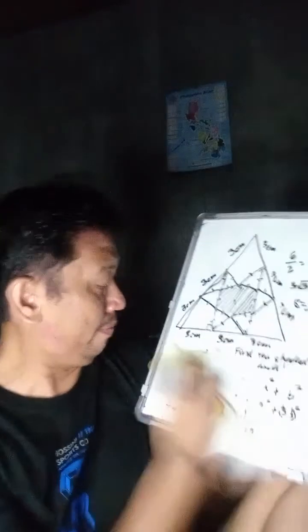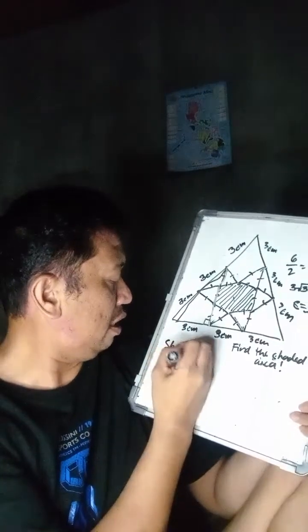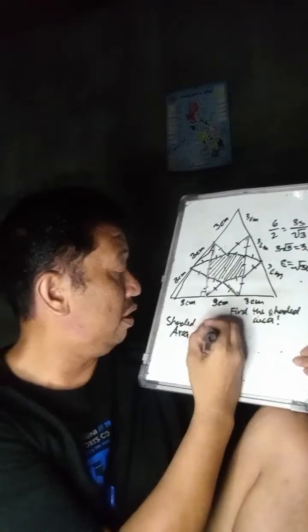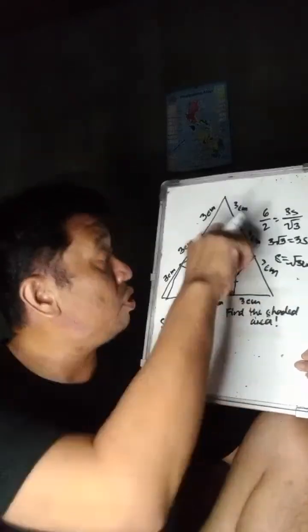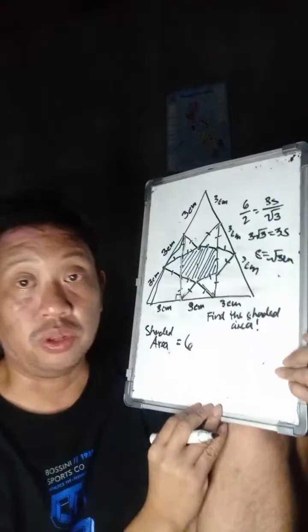So, having said that, to get to the shaded area, the shaded area will be equal to 6 times the area of the smaller equilateral triangles.